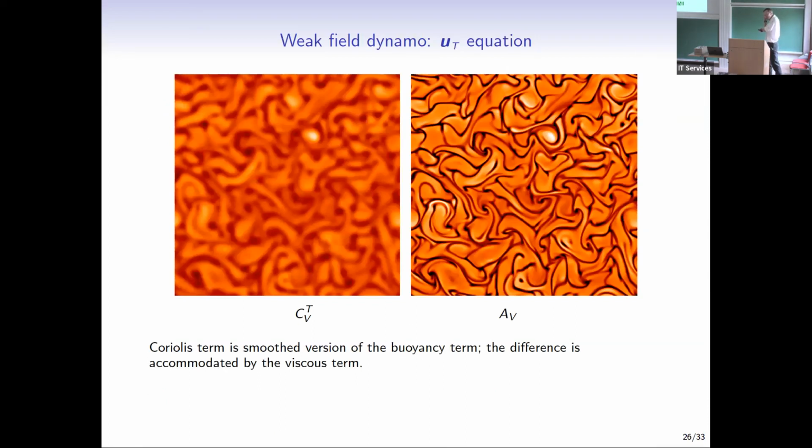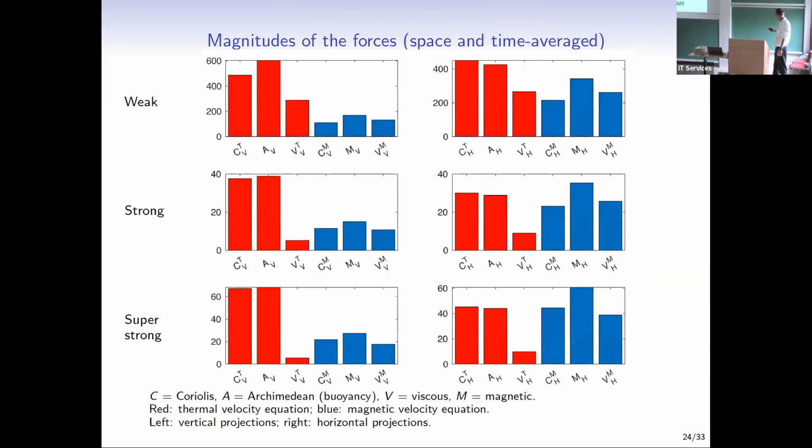It's interesting to see what's going on, as well as just looking at the magnitude of these forces. It's interesting actually to see what they look like. So this is a weak field dynamo thermal equation, this bit.